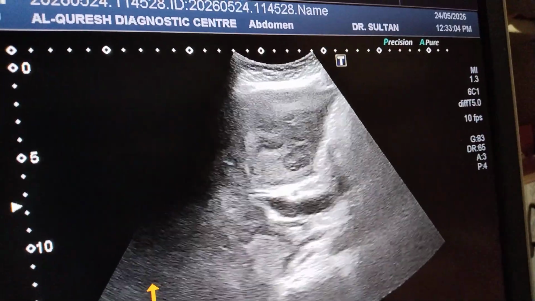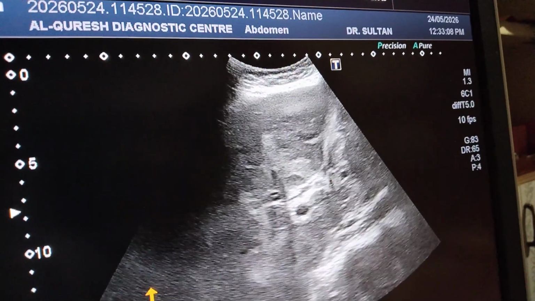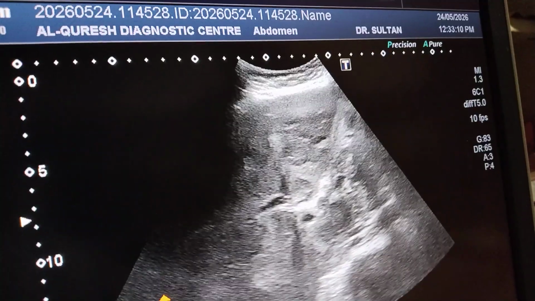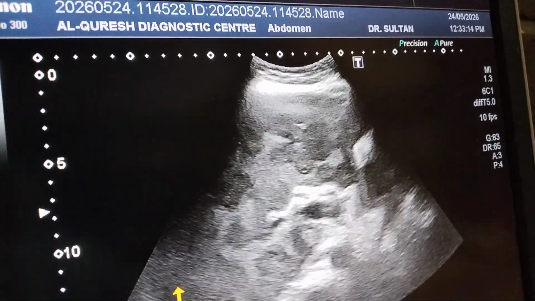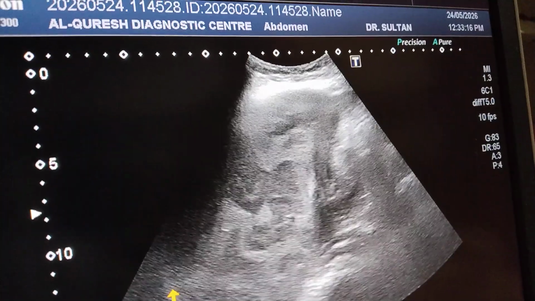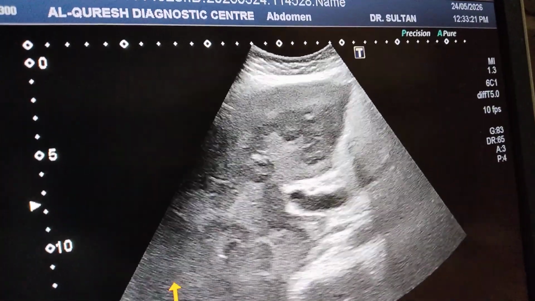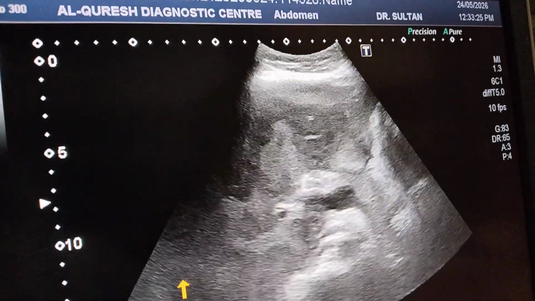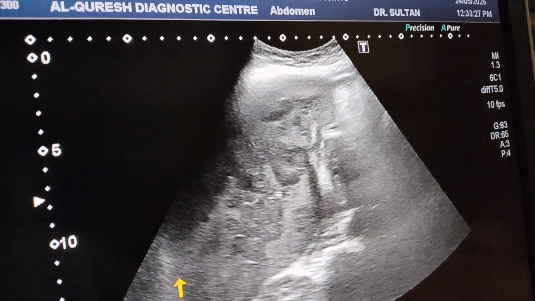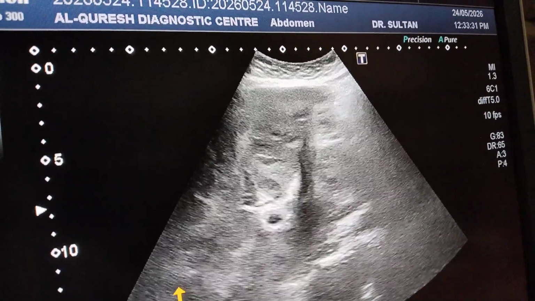So in conclusion, we can say that there is a right breast mass which is likely to be malignant with hepatic metastasis and peritoneal metastasis.